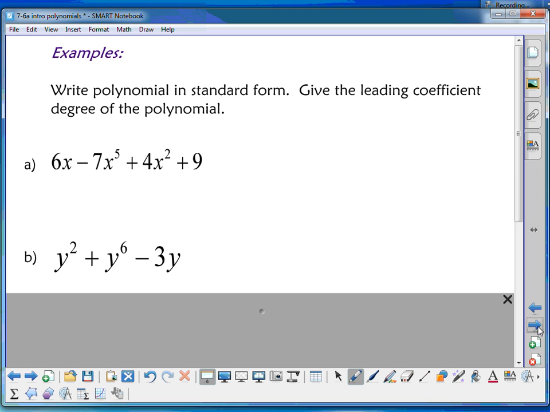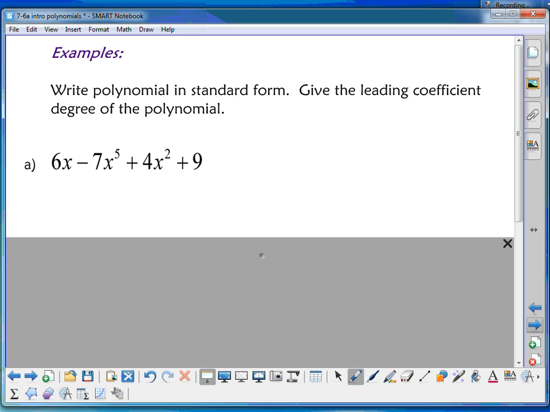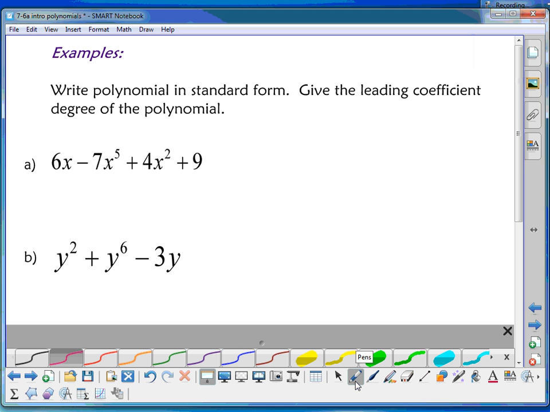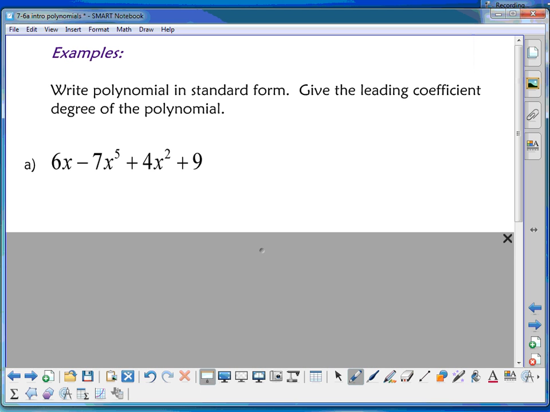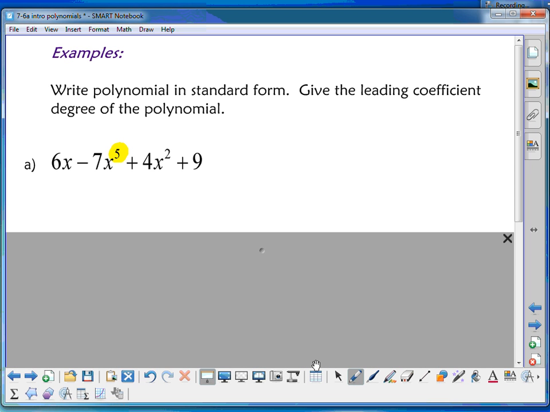Okay, so now we're going to write the polynomials in standard form, and we're going to give the leading coefficient and the degree of the polynomial. So let's just start with this one first. So we've got 6x minus 7x to the 5th plus 4x squared plus 9. All right, so let's take a look, just at this first one. The highest degree is my x to the 5th, right?